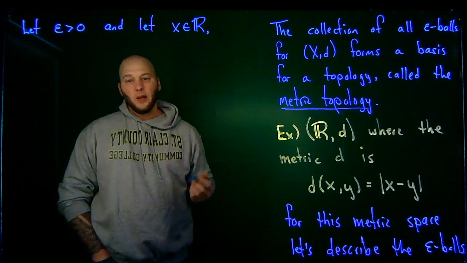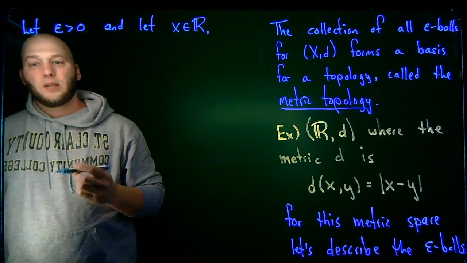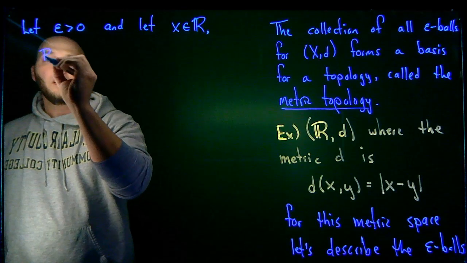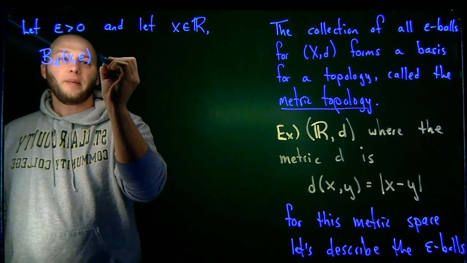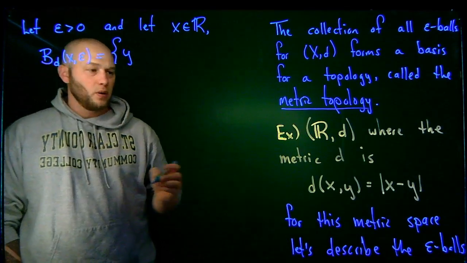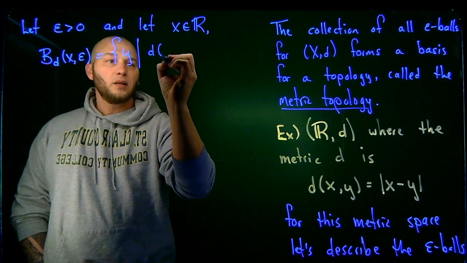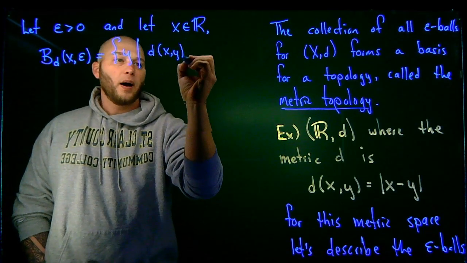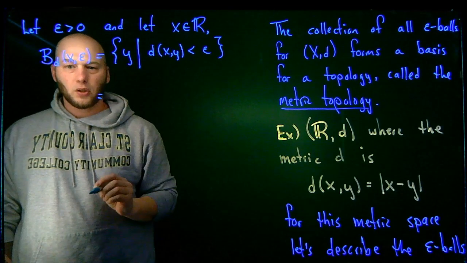Here's the epsilon ball centered at x with distance epsilon, B_d(x, epsilon). This is equal to the real numbers y, the elements in this set, such that the distance between x and y is less than epsilon. This is just straight from the definition.